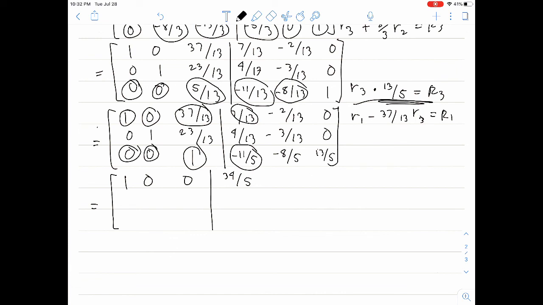Okay, so next is negative 2 over 13 minus 37 over 13 times negative 8 over 5. This is 22 over 5. Then 0 minus 37 over 13 times 13 over 5 is just negative 37 over 5.